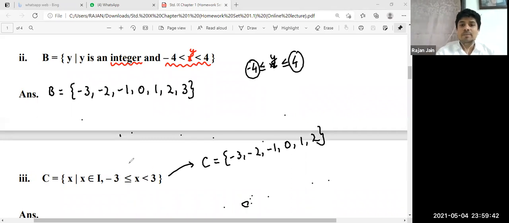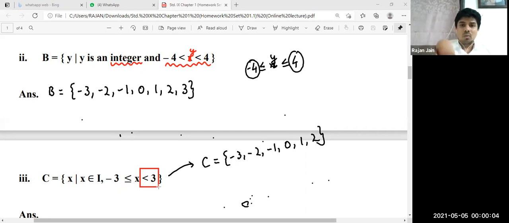If I go to C, okay, very important. Over here, if I see the first one, there is less than equal to sign. तो equal to -3 के लिए है, that is why -3 is a part of the collection. But if I go to see the ending part, equal to नहीं है.